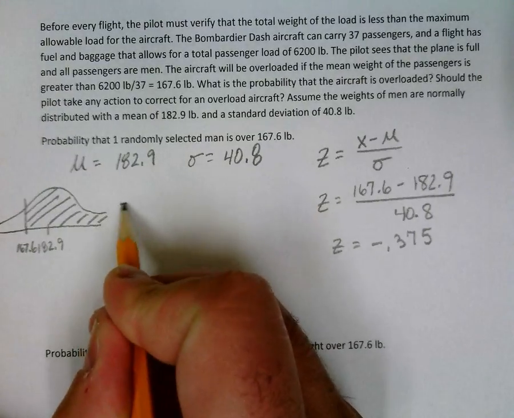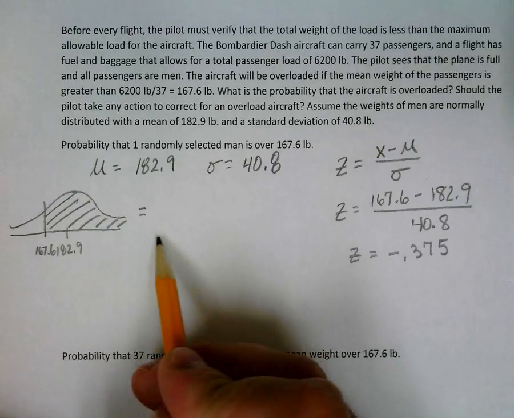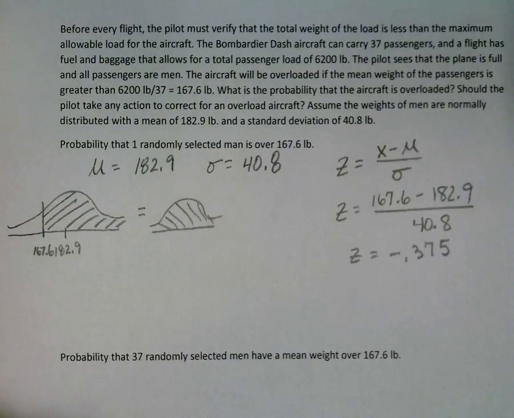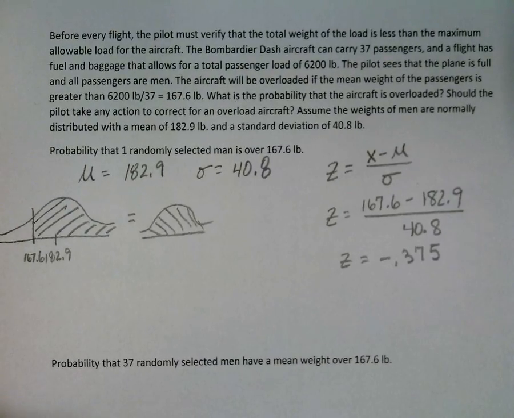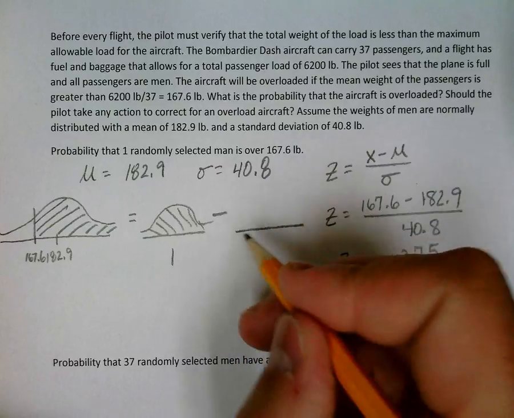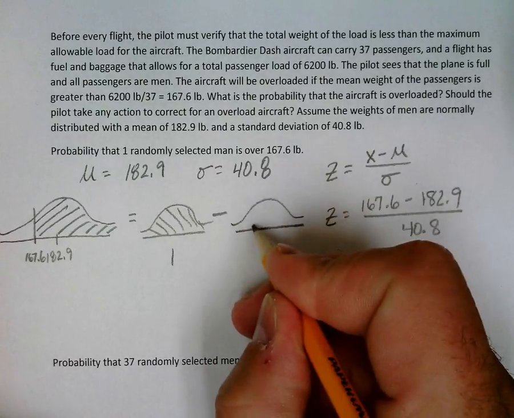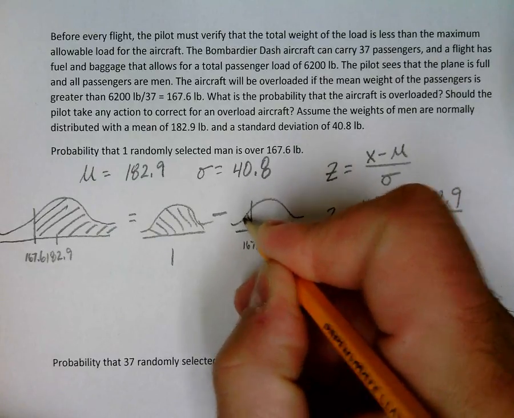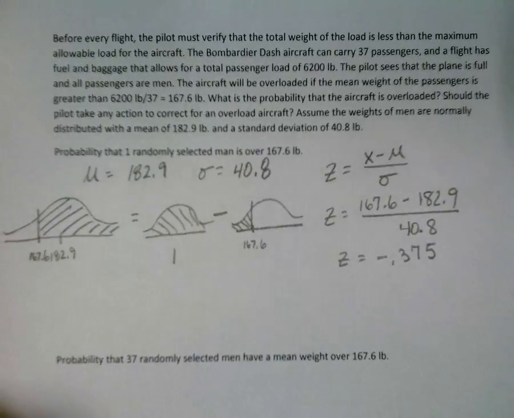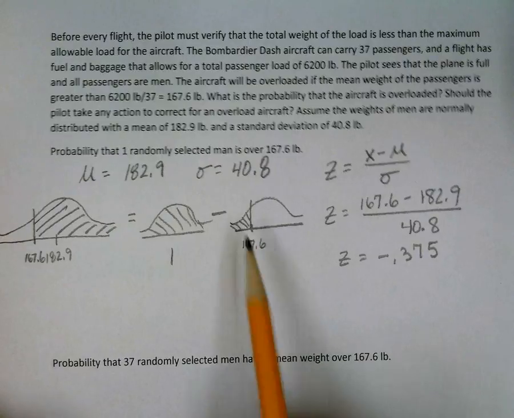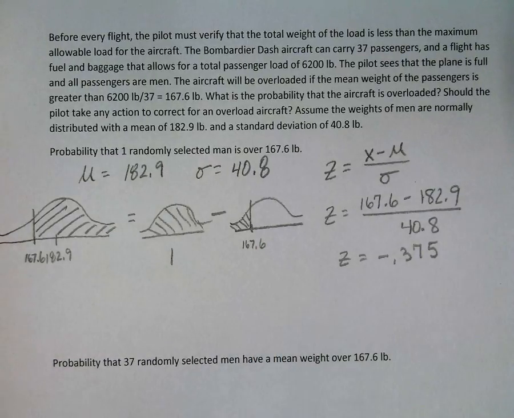So in order to do that, we would take the entire curve, so every possible weight value, and all those probabilities summed is 1, minus the probability that one randomly selected person is less than 167.6 pounds.